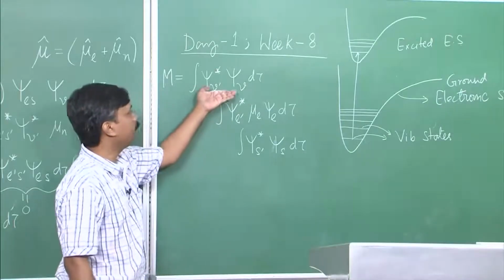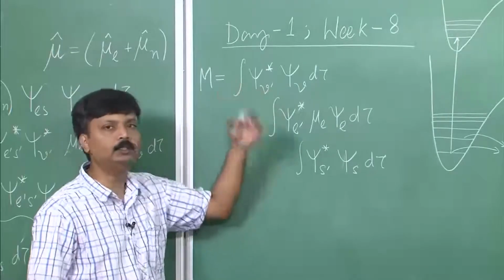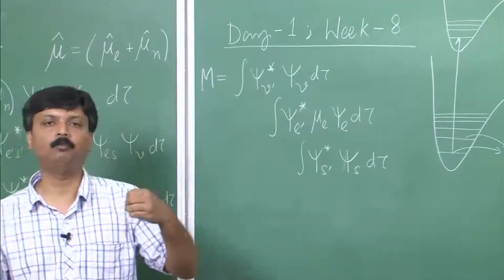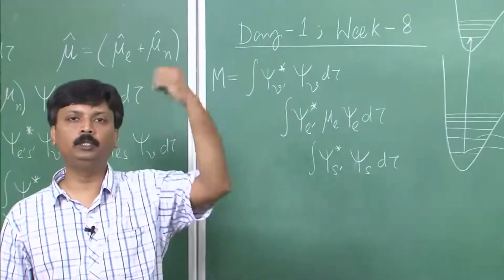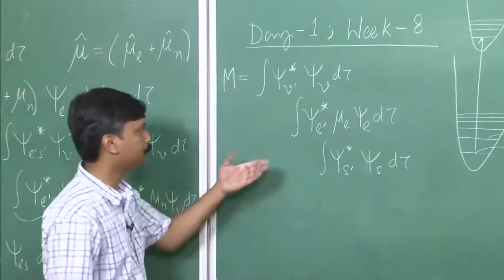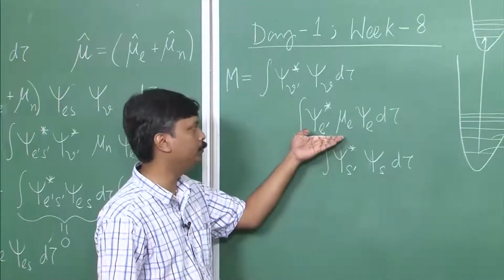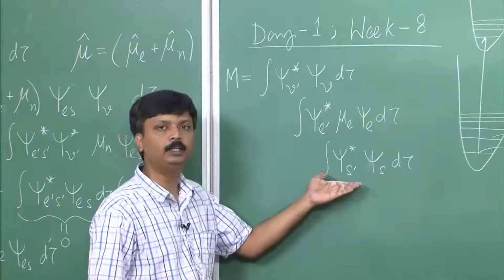Now this is the Franck-Condon factor that decides from which vibrational state of the ground electronic state to which vibrational level of the excited state the electron will make the transition. This part is the electronic transition purely, and this is the spin transition.